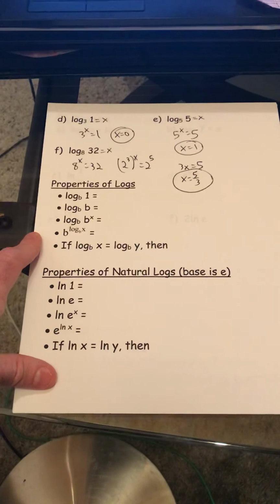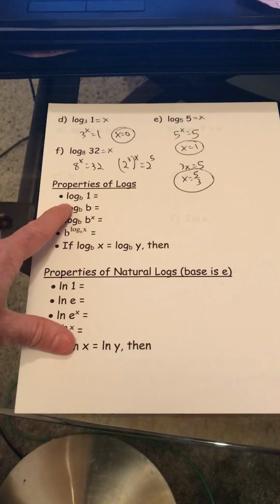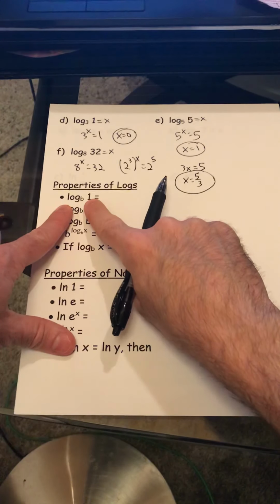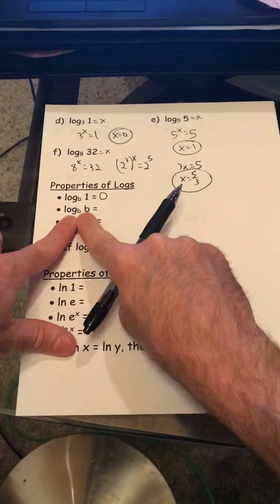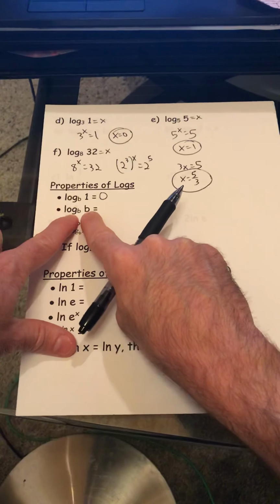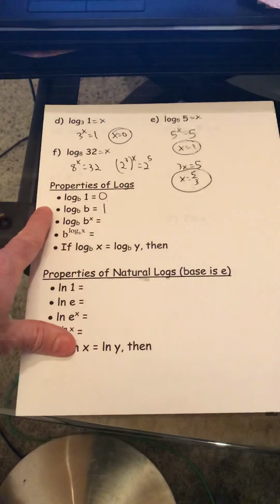So, properties of logarithms. Well, as we work through this chapter, if you have log base b of 1, any base, it's 0. If you have the log base b of that same value, log base 5 of 5, it's 1.